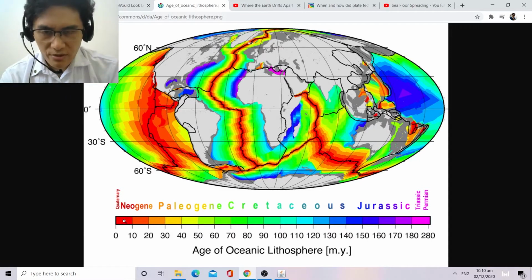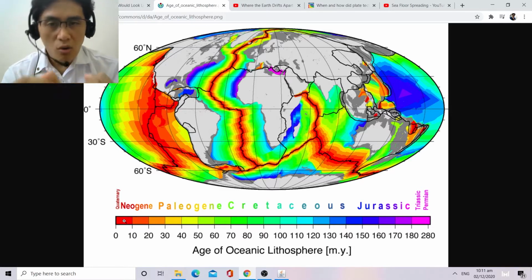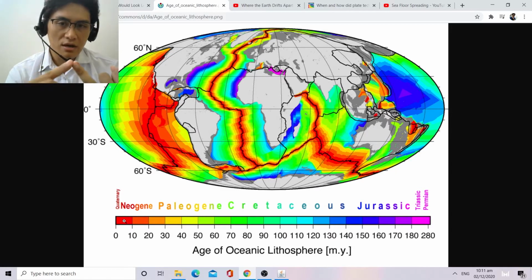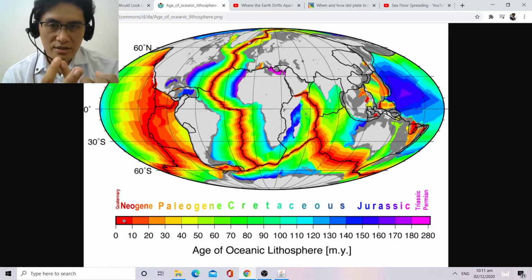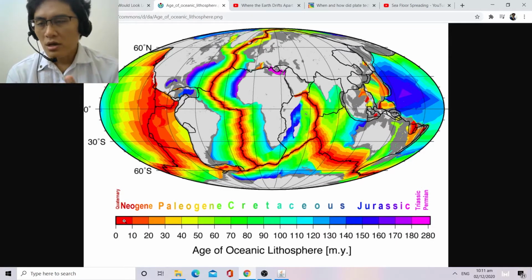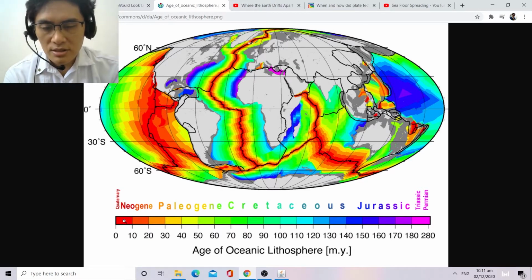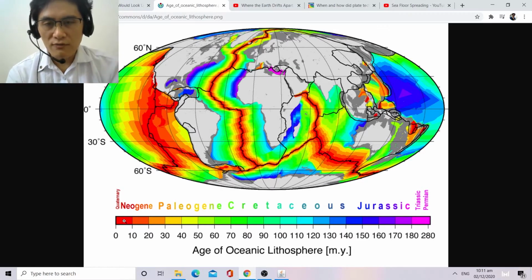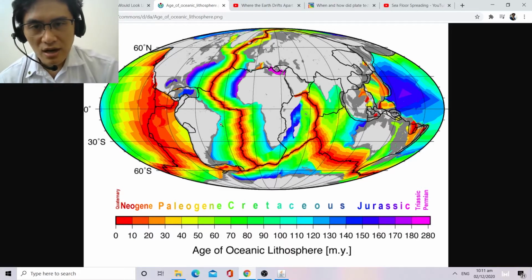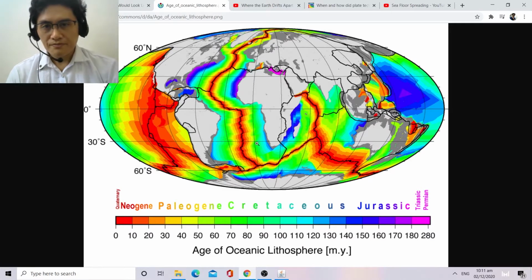Rocks away from the ridge are older. Those are the first two evidences, because those two can only be explained if indeed the seafloor is spreading, creating new seafloor. That's why at the center you have younger seafloor, and away from the ridges you have older seafloor.